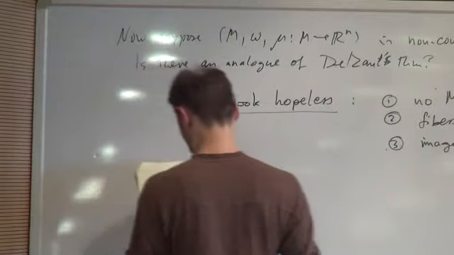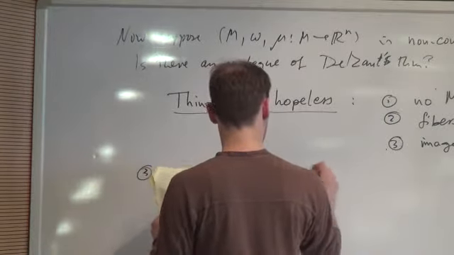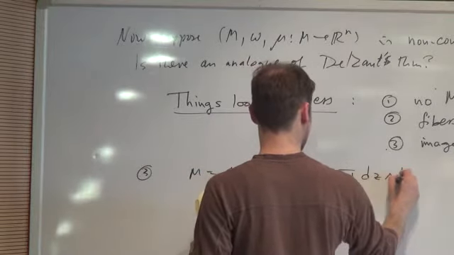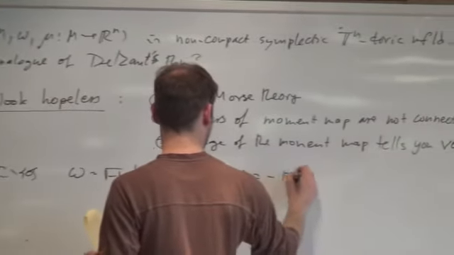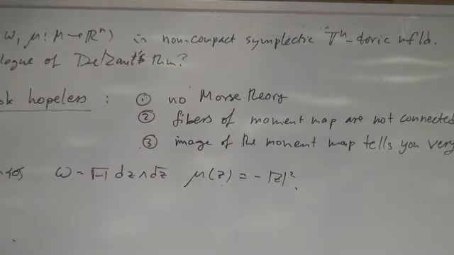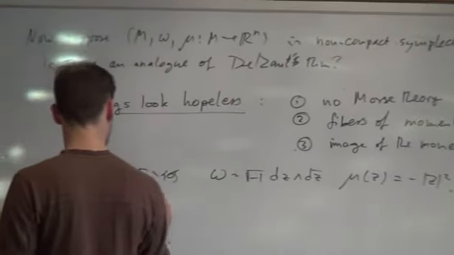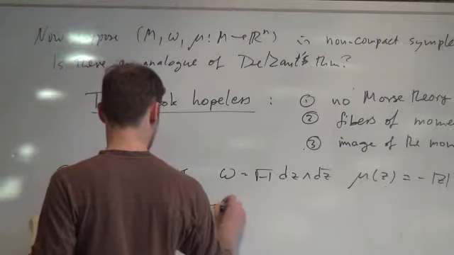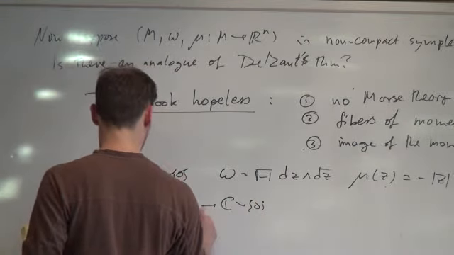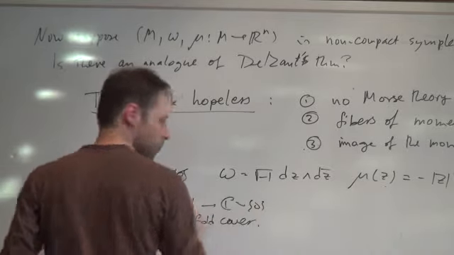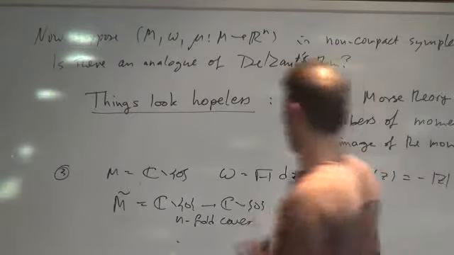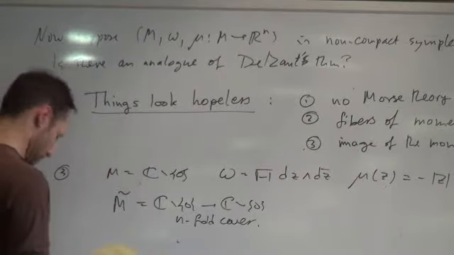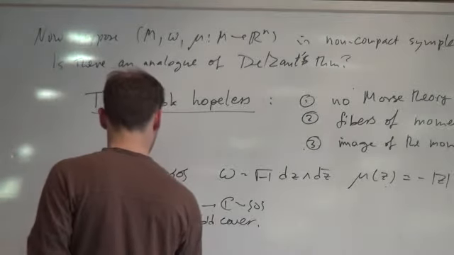I can take M to be C minus the origin, take omega to be the one I've taken before. Mu of z is minus norm z squared. And I can take M tilde to be a map from C minus 0 to itself, which is an n-fold cover. If you like, z goes to z to the n. Right.